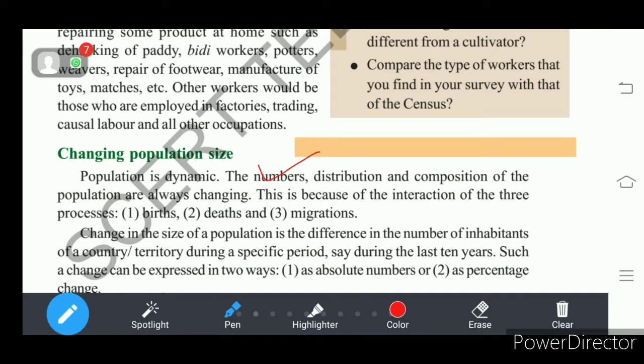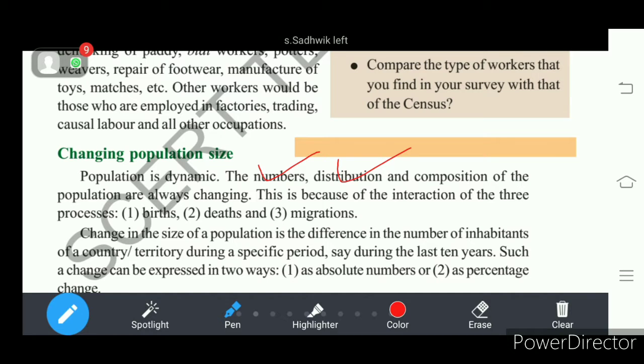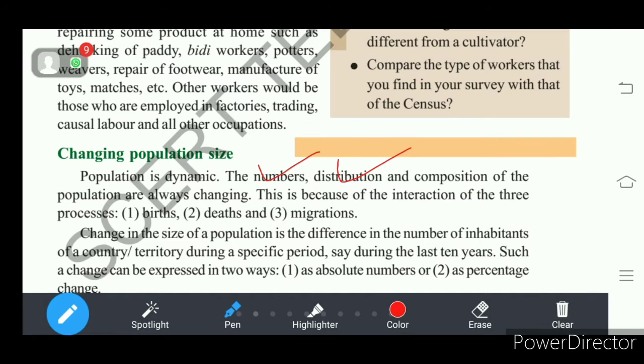So in number it is changing, and in its distribution from one region to another region, and in its composition, in the sense of different age groups as per the age structure. In all these aspects we find population changes, that is what we call changing population.